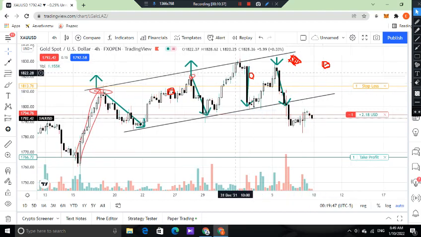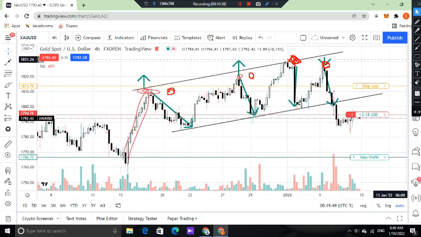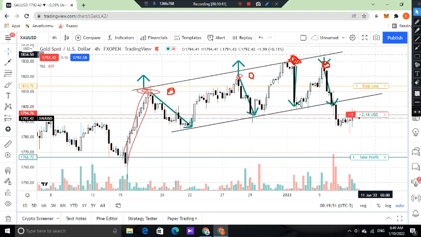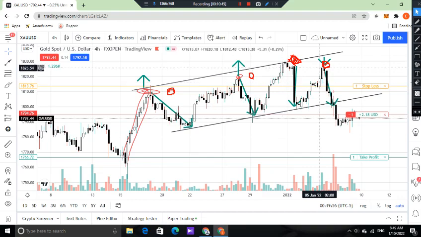And if you remember, I just talked about depth a few minutes ago, and in this area we had the deepest correction.